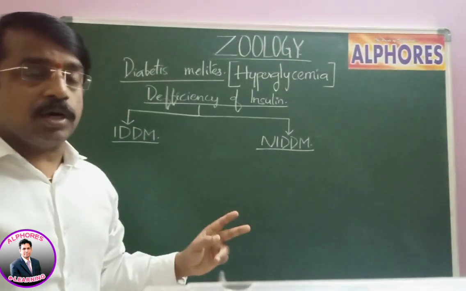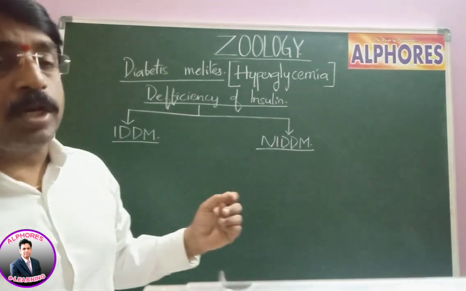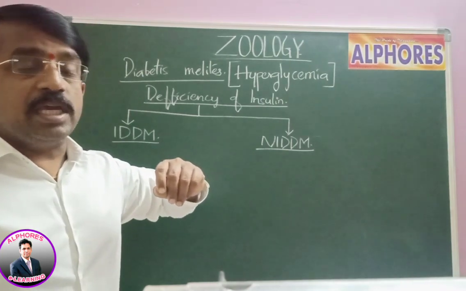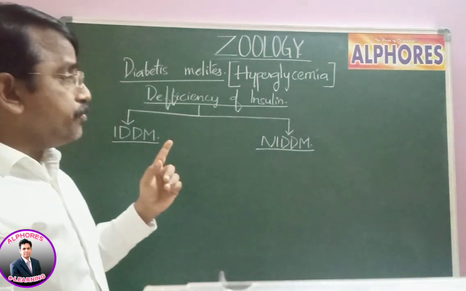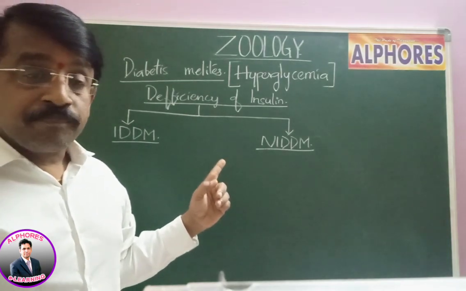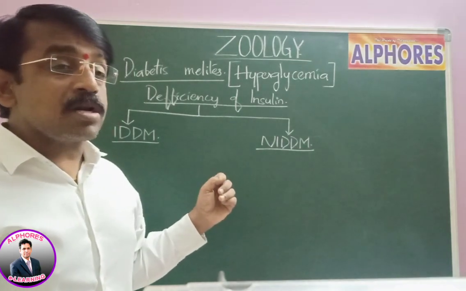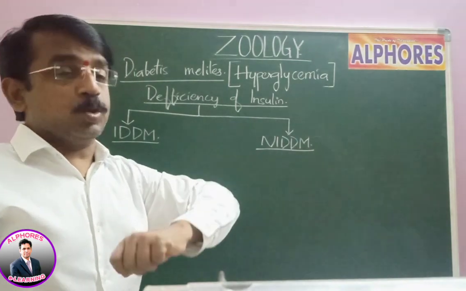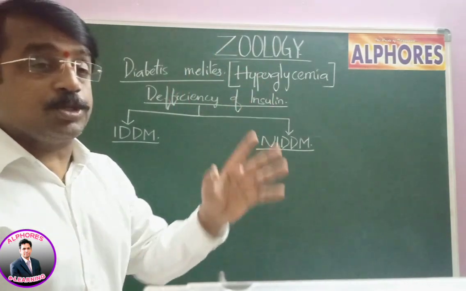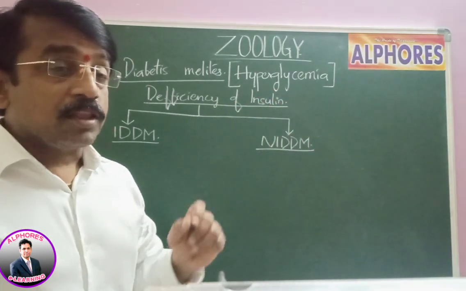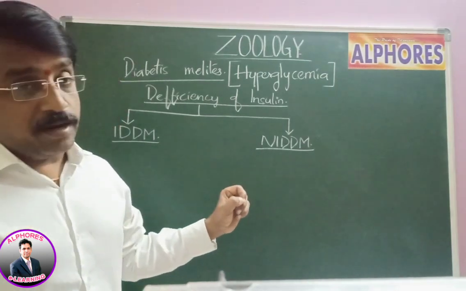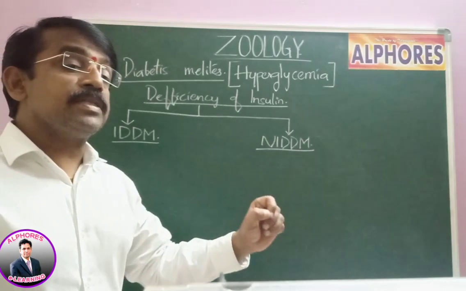There are two things. One, insulin deficiency: the action of insulin is anti-effect to glucagon. Glucagon converts glycogen into glucose, whereas insulin converts glucose into glycogen, so glucose levels are reduced.